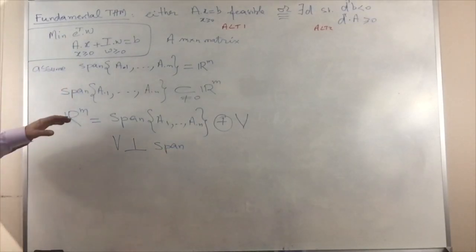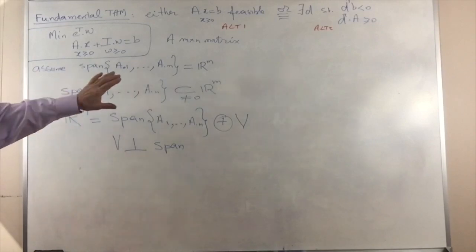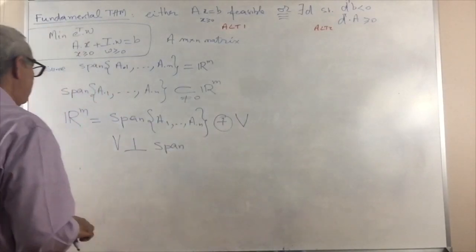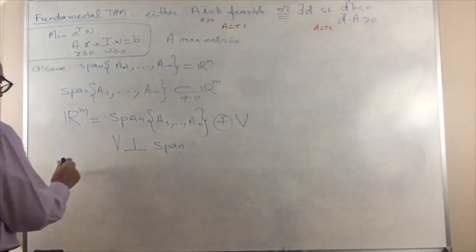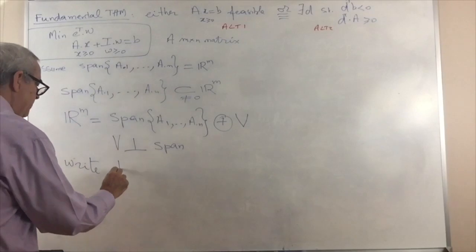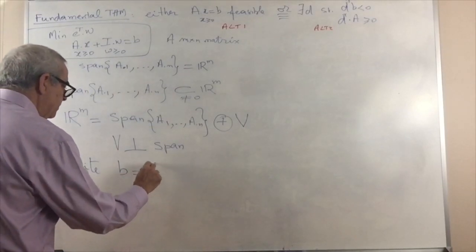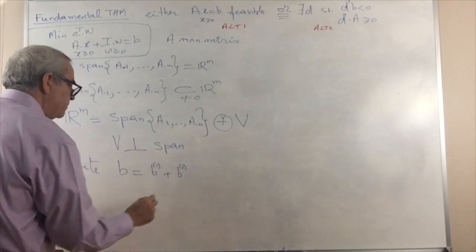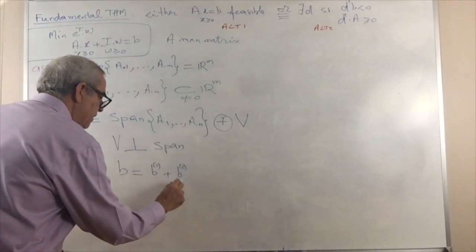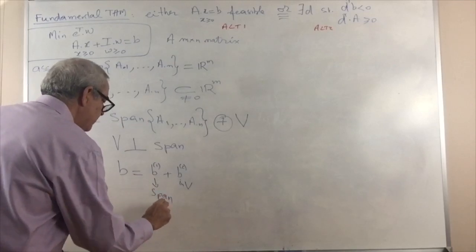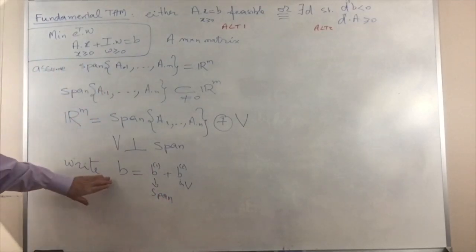I can expand to the rest of Rm with the vector space V. Now here we write B as B1 plus B2, where B1 is in the span and B2 is in V. Okay, I can do that.